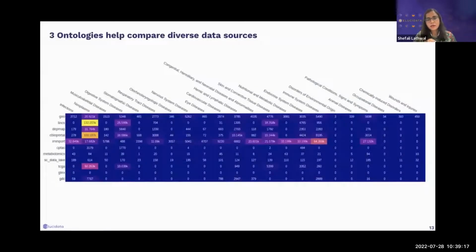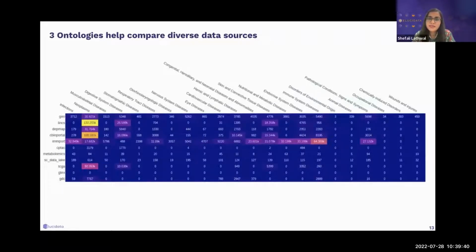Now, a third and again, really powerful advantage of using ontologies to standardize the same concept across data that were generated independently and are coming from completely distinct sources is that they allow us to examine and compare the information that is contained in these sources.